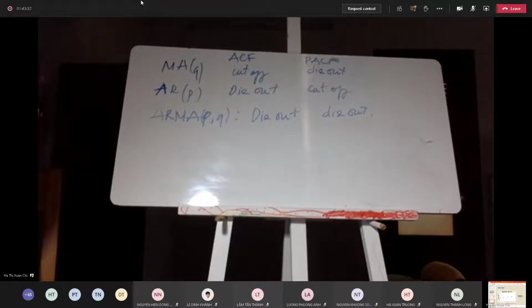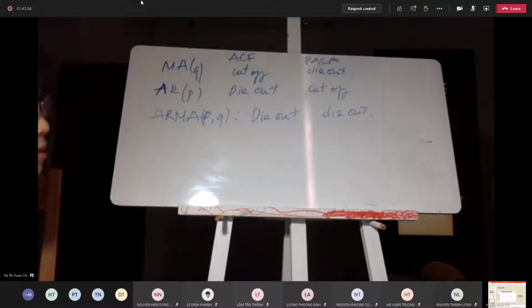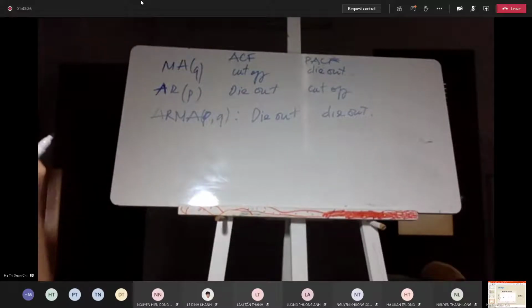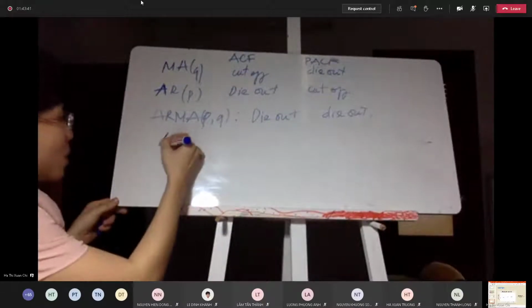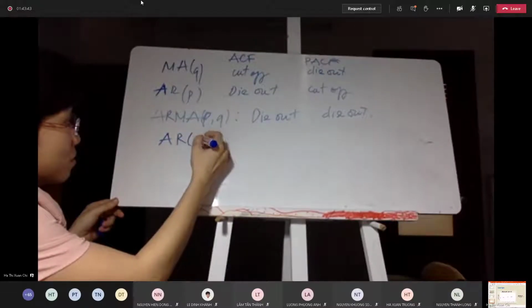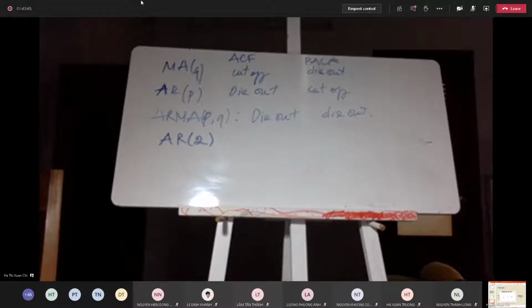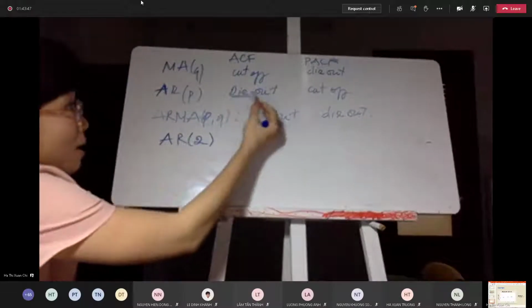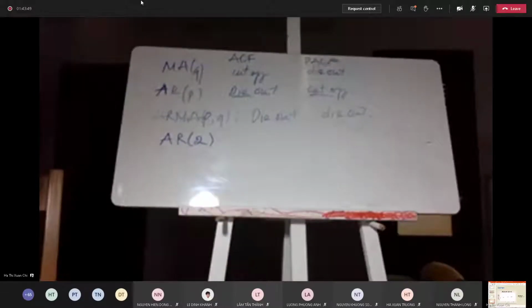And here that is the cutoff, it is close to 0 after lag 2. So that should be 2. One is die out, one is cutoff.